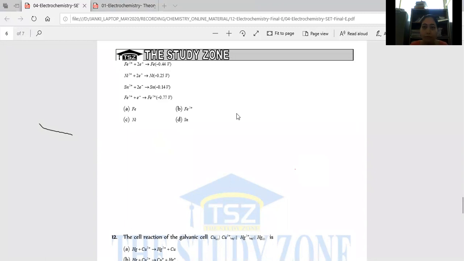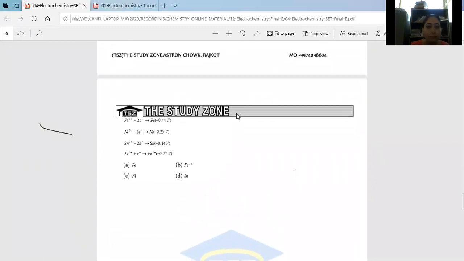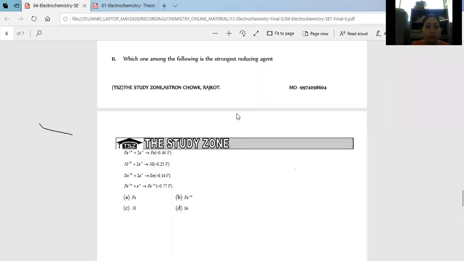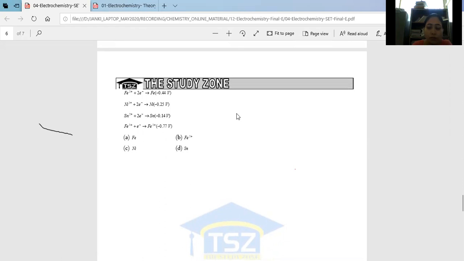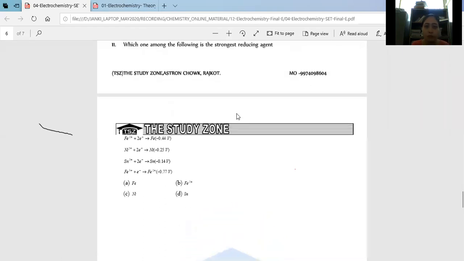Which of the following is the strongest reducing agent? B or A? Reducing agent, so the question is, which one of the following is the strongest reducing agent?